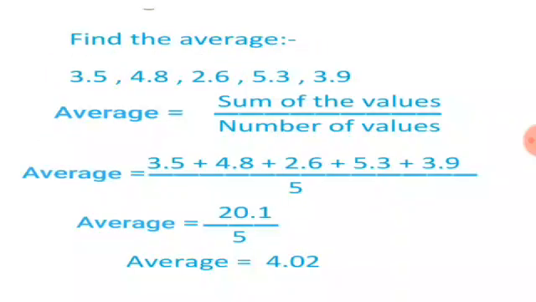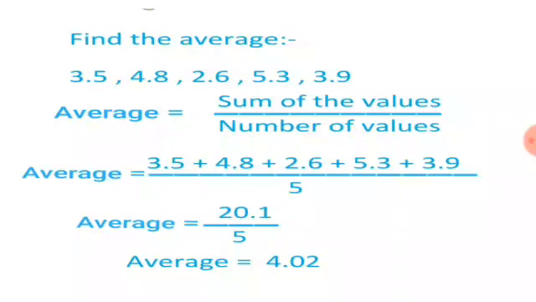Come to next question. Next one is find the average of the given numbers. The numbers are 3.5, 4.8, 2.6, 5.3 and 3.9. First of all, we will write the formula to find the average. And the formula is, as you know, sum of the values divided by number of the values.